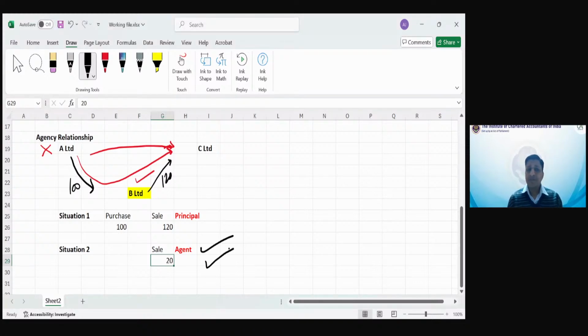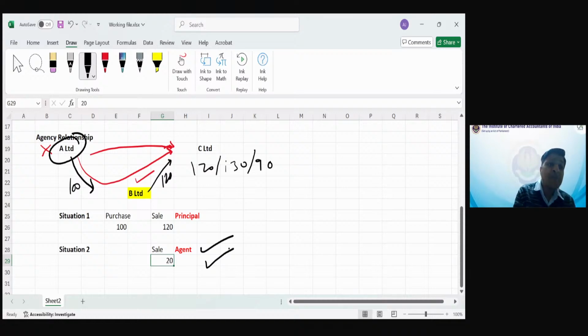Another situation. Whether these goods will be sold to C at rupees 120, 130 or 90, who will decide this price at which the goods will be sold to C Limited? If it's A and not B, then B is acting as the agent and not the principal.